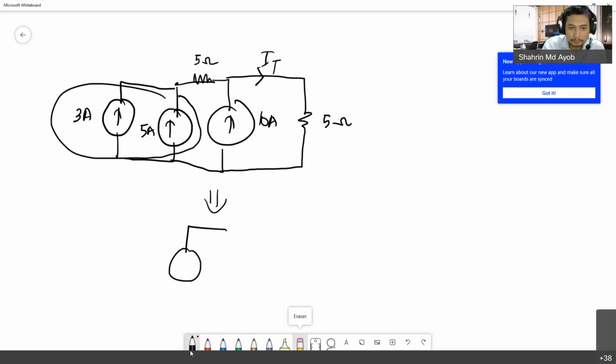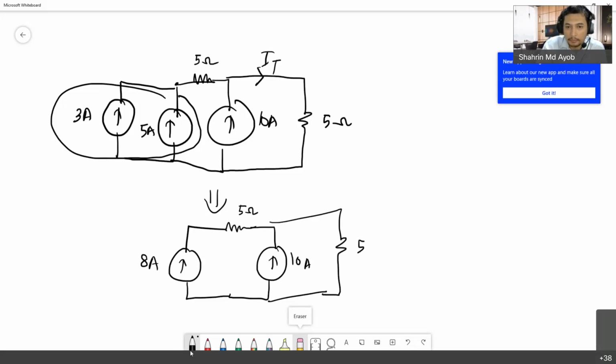So this becomes 8 amps with 5 ohms here, then 10 amperes and a resistor, 5 ohm. This is the circuit that has been simplified, so you need to start your analysis based on this circuit.